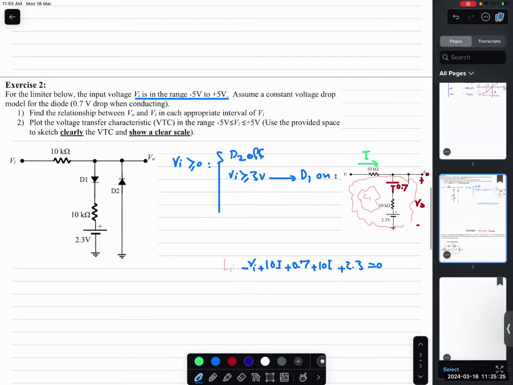I applied KVL this way. So then you will have 20I equal to Vi minus 3, or I will be Vi minus 3 divided by 20.